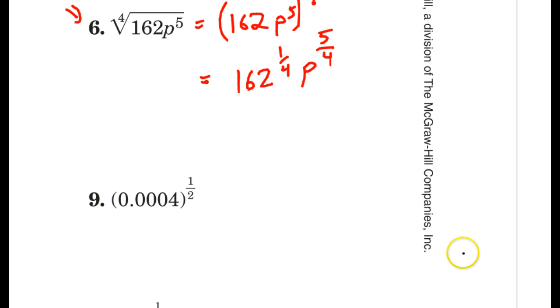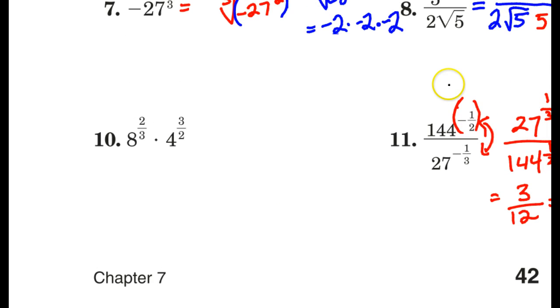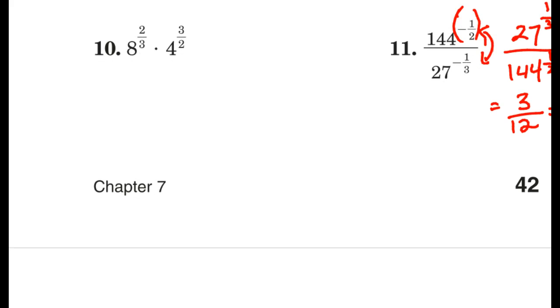Anything else worry us that we need to talk about? This one? Let's see. Okay, convert it. See what you get. Each one. The first one's a cube root. That's 3. The second one's a square root. So this is 8 to the second, 4 to the third.